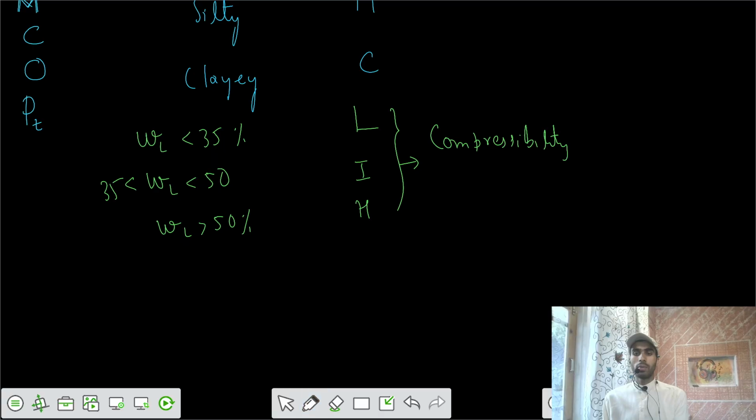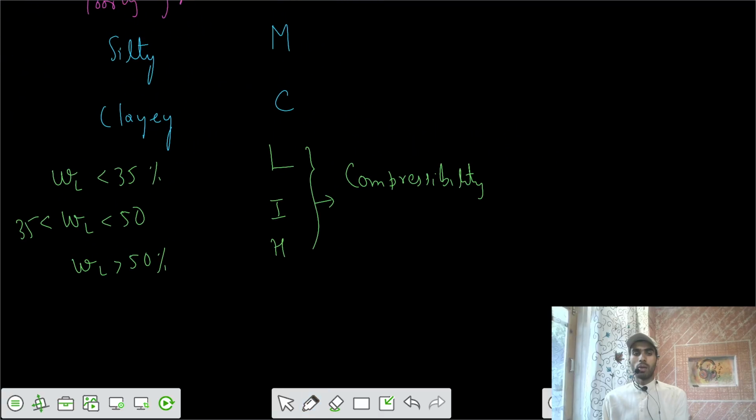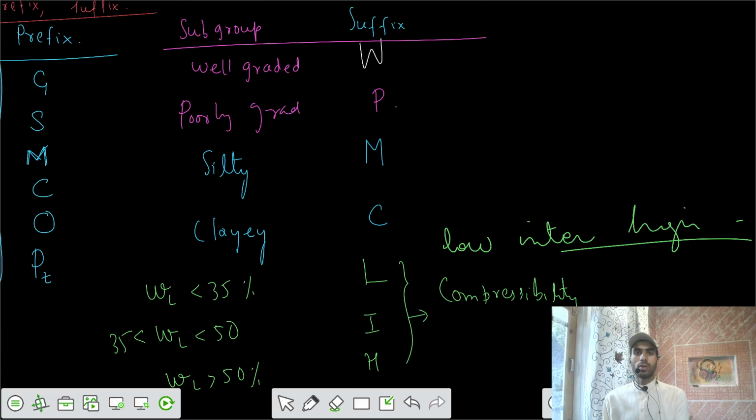Your liquid limit is related to the compressibility: more liquid limit, more compressibility. That is low, intermediate, and high compressibility. These are your suffixes.